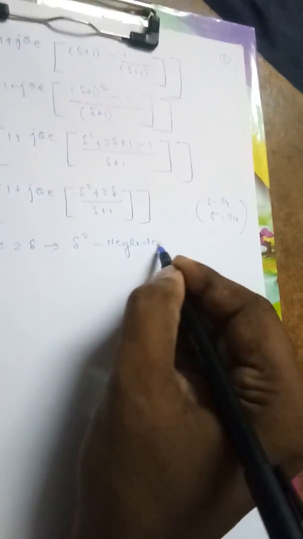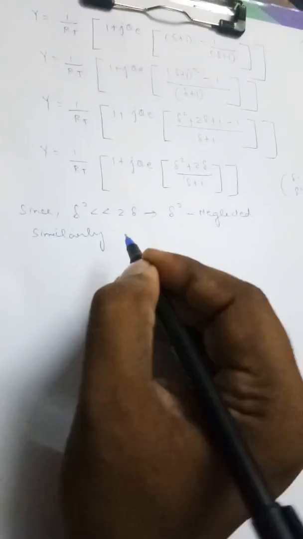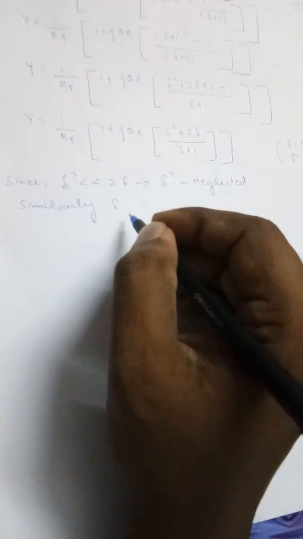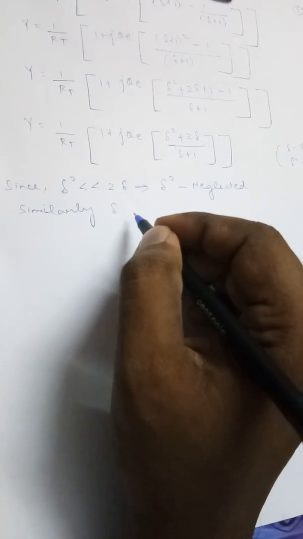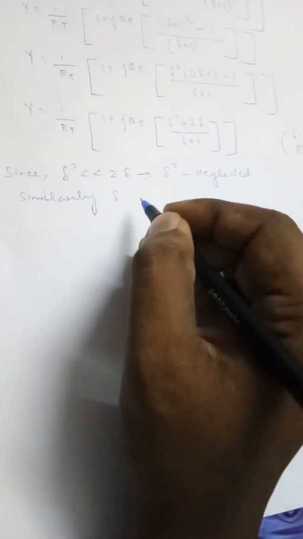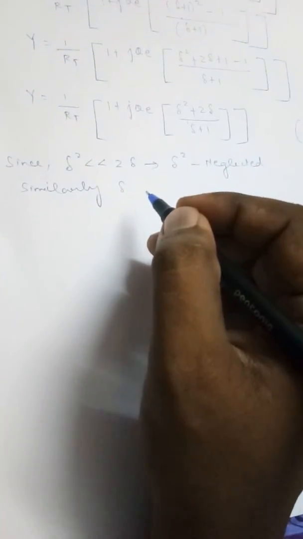Then, since del square is far less than 2 del, del square can be neglected. Similarly, when compared to 1, this del value will be very much lesser than 1.